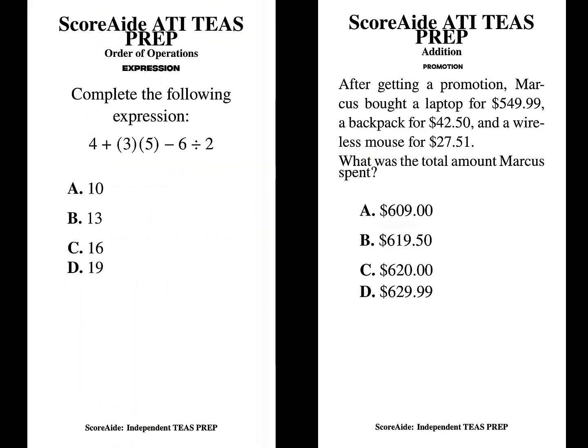Complete the following expression: 4 plus 3 times 5 minus 6 divided by 2. I remember in my last video, I saw a question like this. This is the order people say is the correct order, and I used instead this order.